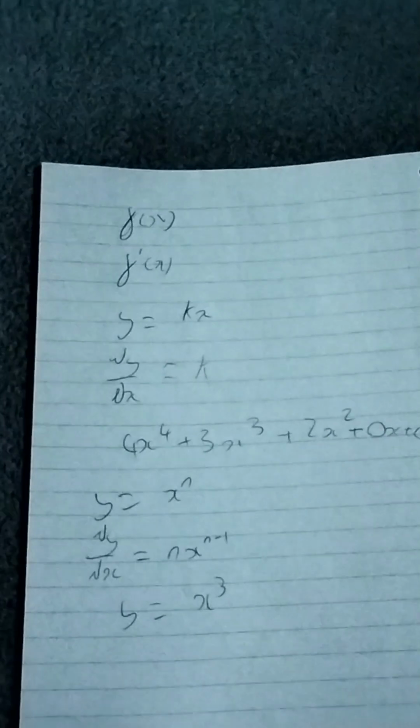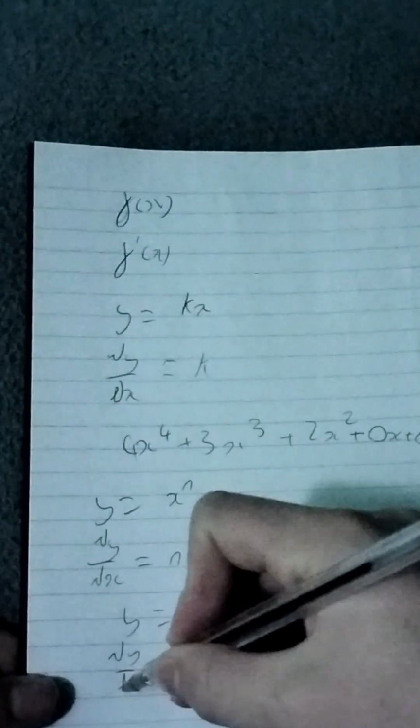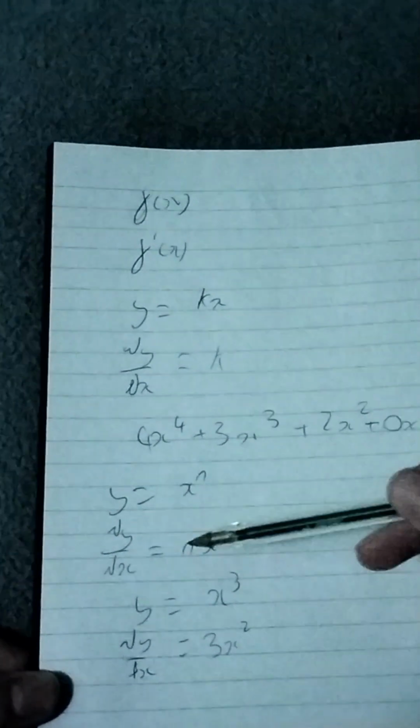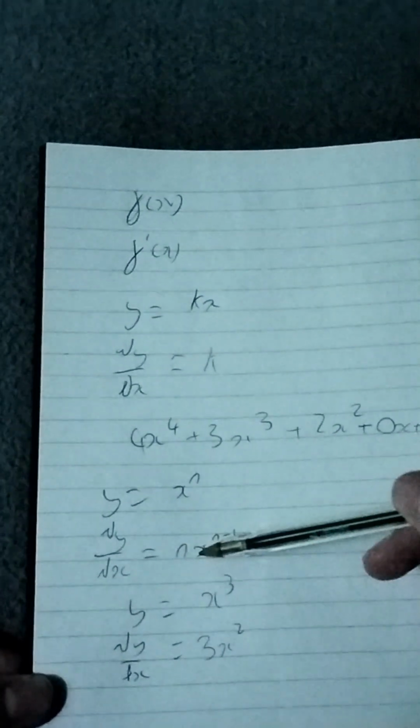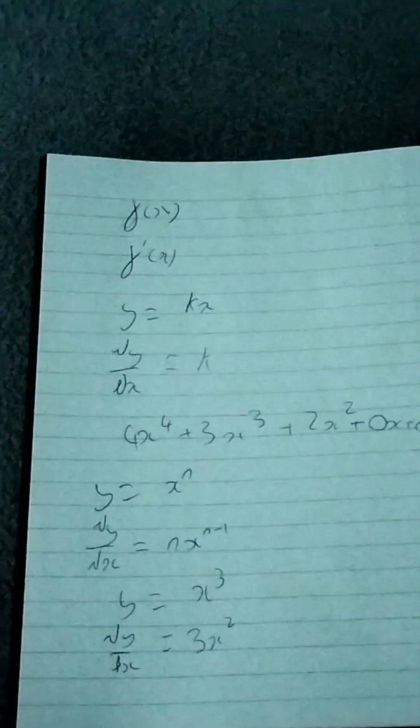Pause the video and find what dy by dx is. The answer is 3x squared, because 3 is n times x to the n minus 1, which is 2, so it's 3x squared.